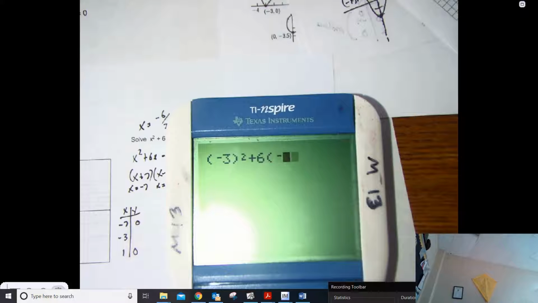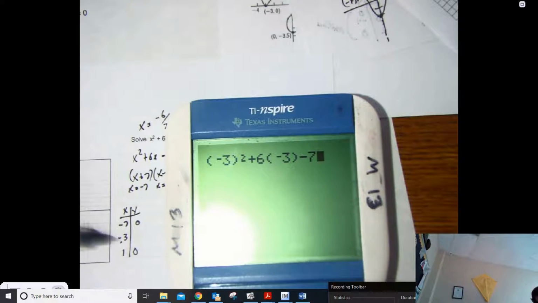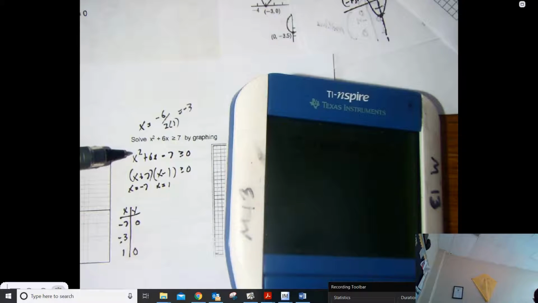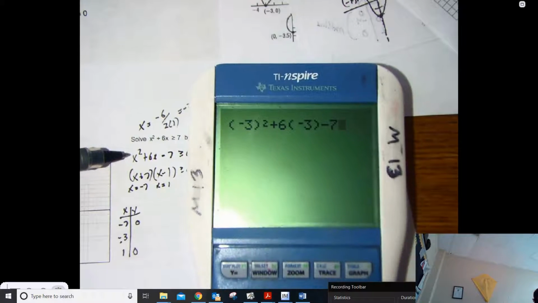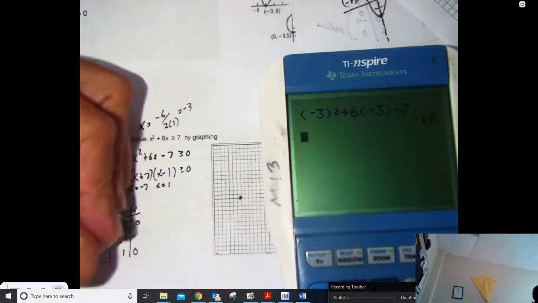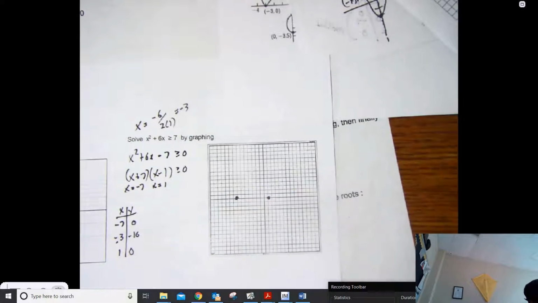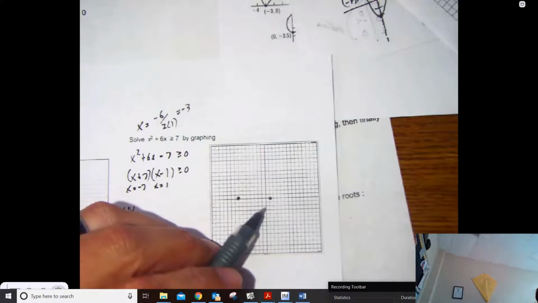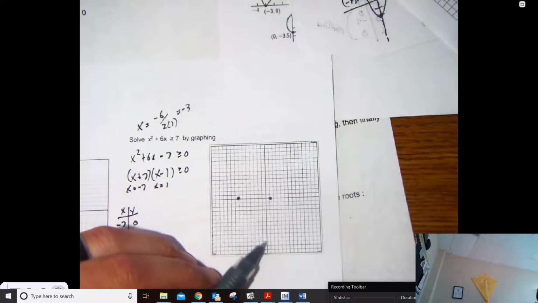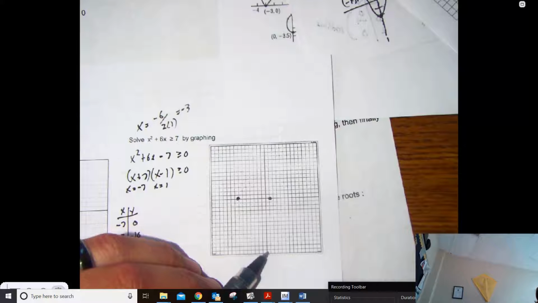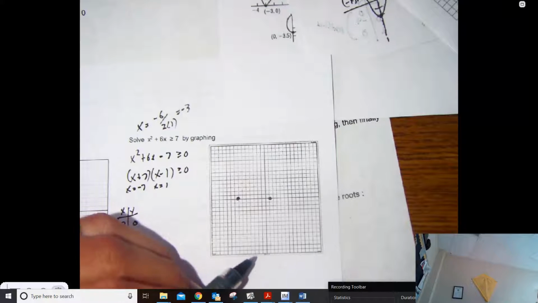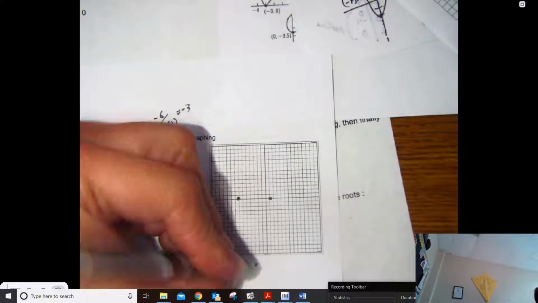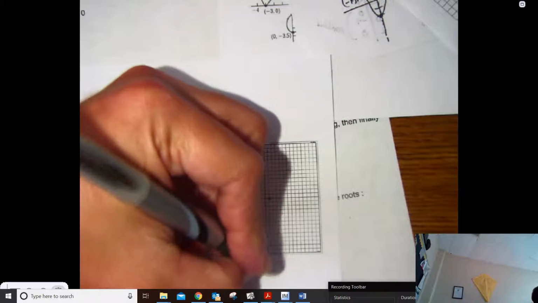I'm just typing that -3 into the equation we wrote. -16. I don't know if your grid goes that far down. Your grid goes to 3, 6, 9, 12. Your grid goes down to 14. So I'll just have to drop a little bit down lower than that. It's -3, -16.